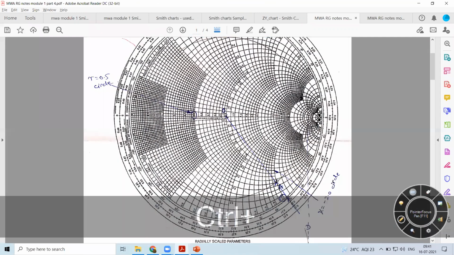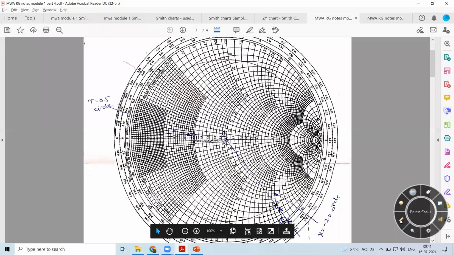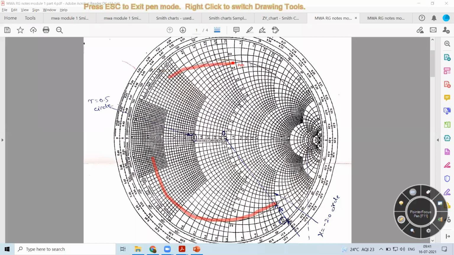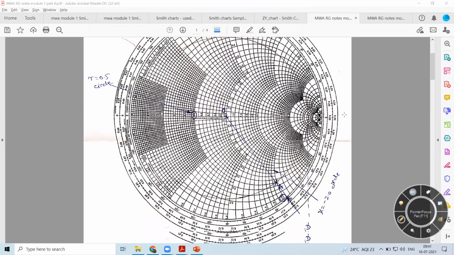Here it is not much visible, but you can see that we have drawn a circle over here. Once we draw this VSWR circle, we can use it to identify the value of the reflection coefficient.